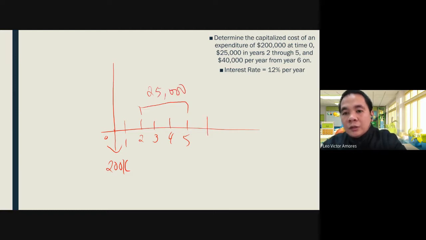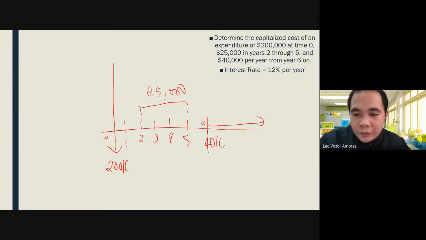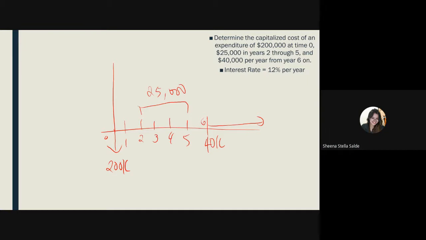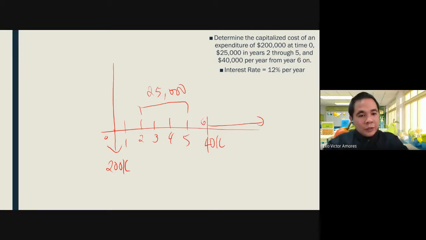And then from year 6 onwards, 40K, from 6 going on. Okay? Do you understand? The zero is before the 200K, on the same year.